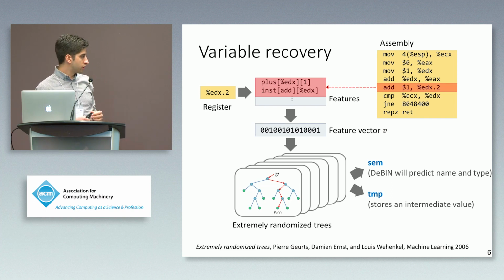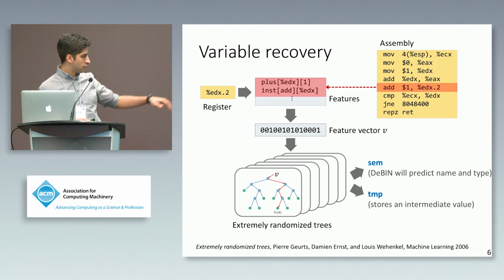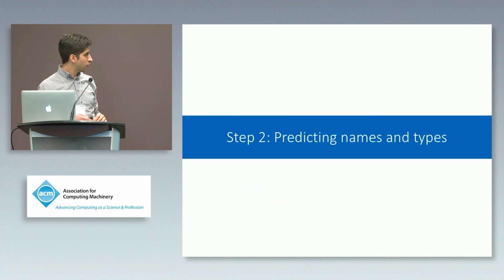And here the model that we're using is extremely randomized trees, which means that we would apply the feature vector on all the 100 decision trees and take the majority of the vote as the final classification. So this is prior work. I have put a reference there for whoever is interested to look at. So as output, it's a binary classifier. It says whether it's semantic or it is a register that is just used for some intermediate computation.